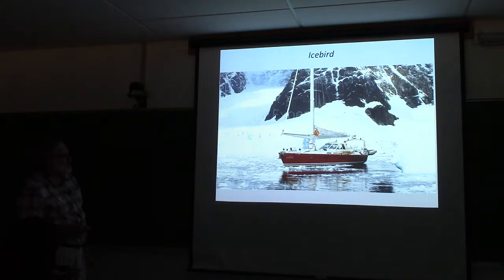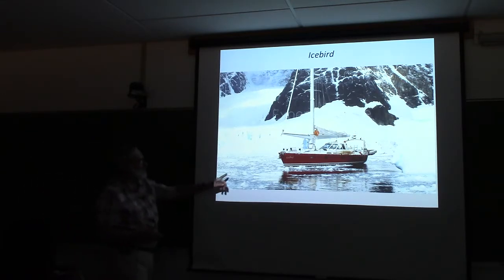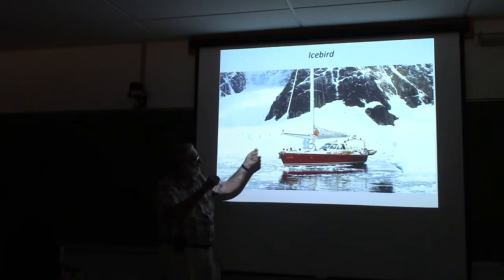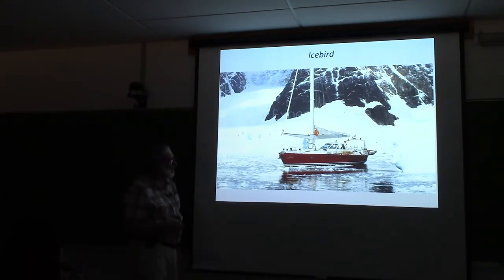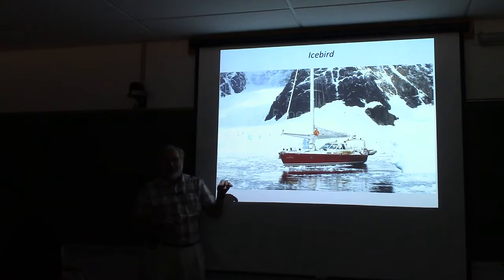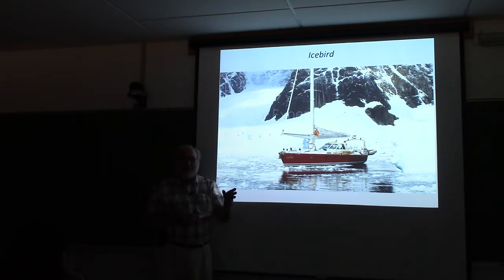Here's a picture of the Iceberg. It's a 60-foot sailboat. It's got these real high-tech sails that are somehow operated electronically, and it's specially constructed, with an ice-hardened hull for the Antarctic. And they do like 3 trips a year. They do like a month-long ski mountaineering trip where you climb mountains and do all of that, which I would do if I were 30 years younger.